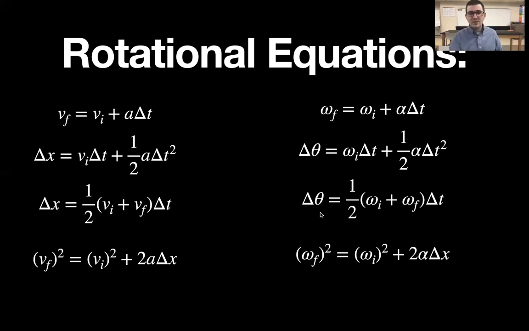So I missed one right here. This should be a delta theta. But besides for that, we just change all of the x's to thetas, all of the v's to omegas, and all of the a's to alphas. And then we have our big four equations of a uniform angular acceleration. So this will allow us to solve quite a few problems as well.